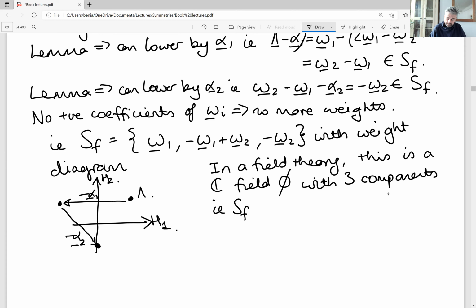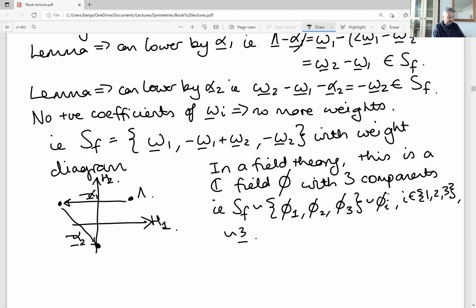So in other words, F looks like phi 1, phi 2, and phi 3. We've written this before as phi I, where I is 1, 2, or 3. And we've also written it as a 3.